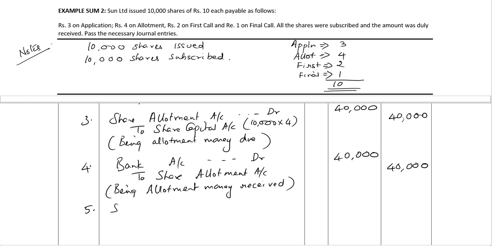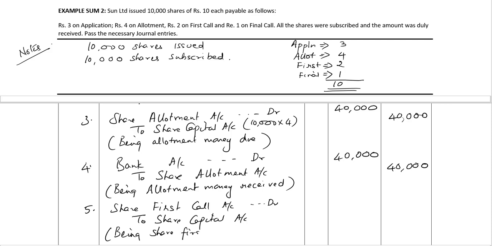Fifth entry is for making the share first call due. Share first call account debit to share capital account. Narration: being share first call money due. The amount of money due is 10,000 shares multiplied by 2 rupees per share. It's 20,000 rupees.